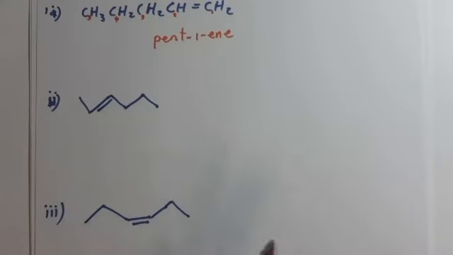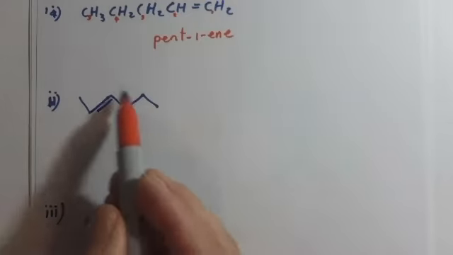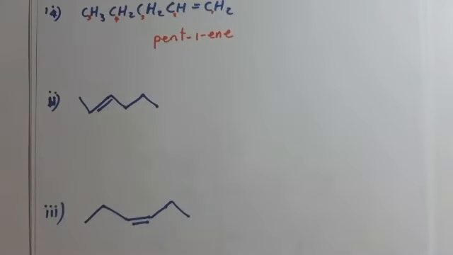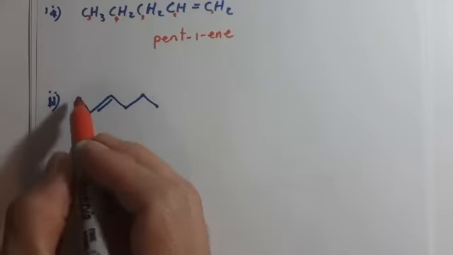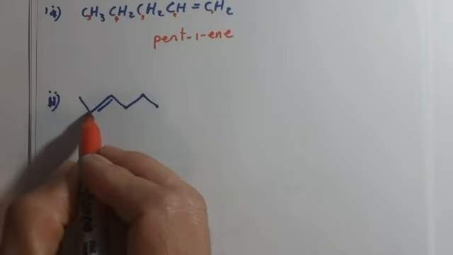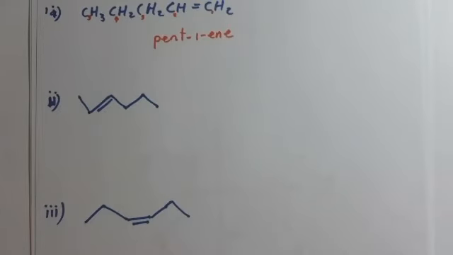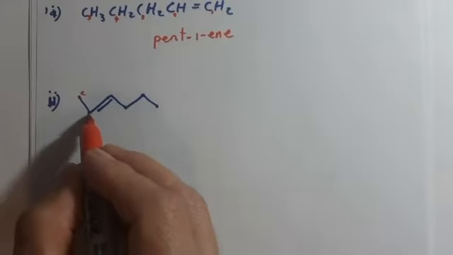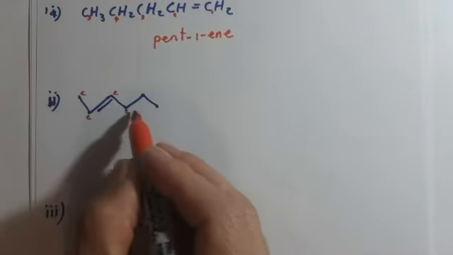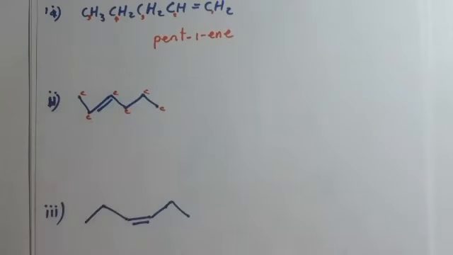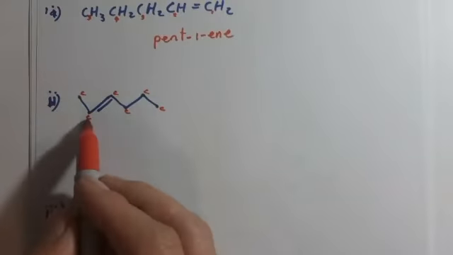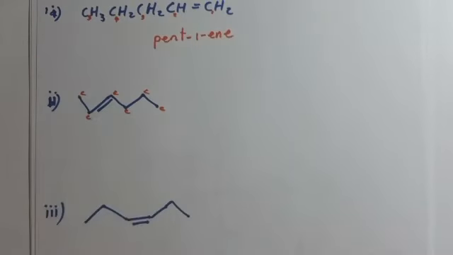Good. All right, let's look at this next structure. So skeletal formula. Remember, each tip of a little stick represents a carbon. So that means there's a carbon, there's a carbon, there's a carbon, there's a carbon, there's a carbon, there's a carbon. So how many carbons? 1, 2, 3, 4, 5, 6.